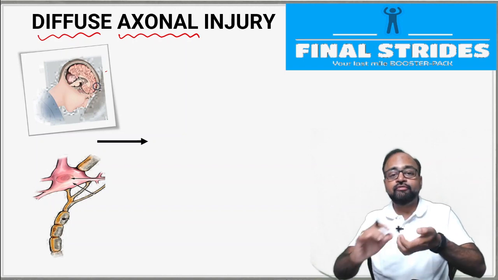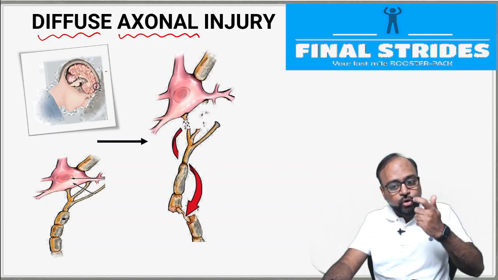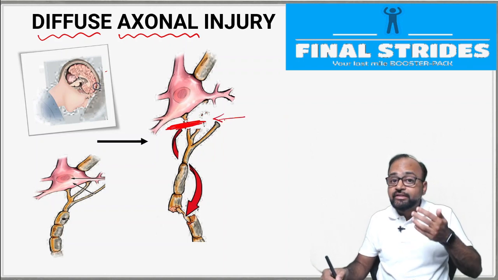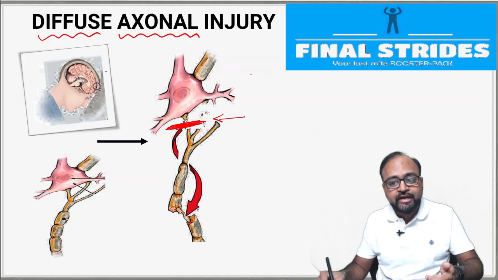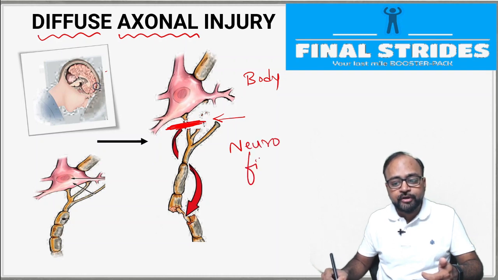When a shearing, distracting or twisting force is exerted onto a neuron, the neuron simply breaks off. And where does the neuron break off? It breaks off at its weakest point, that is at the junction of the cell body and the neurofilament.